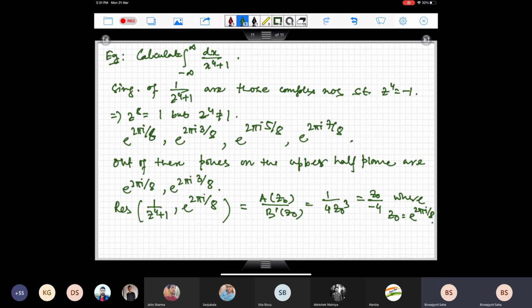Similarly, the residue of 1 upon z to the power 4 plus 1 at e to the power 2 pi i 3 by 8 is again z naught by minus 4, where this time z naught is e to the power 2 pi i 3 by 8. The same thing. So you just need to put these things in and calculate.